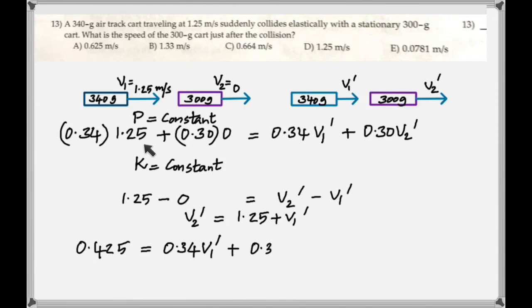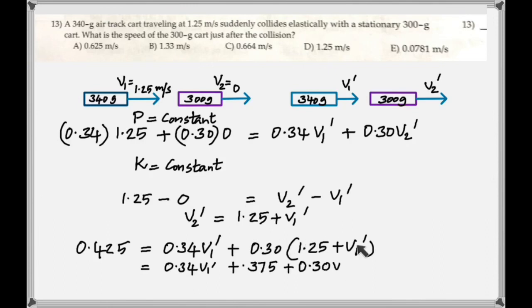So that is 0.425 and then 0.34 V1 prime, 0.30 times, in place of V2 prime, I've substituted this whole thing. And then distribute these terms, multiply, and collect the terms that have V1 prime, add them up, take this term to the other side, subtract, and do that math.